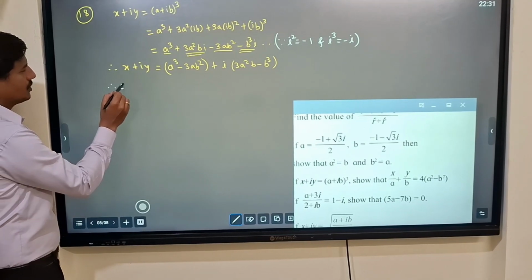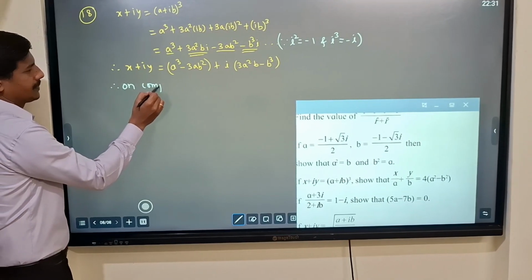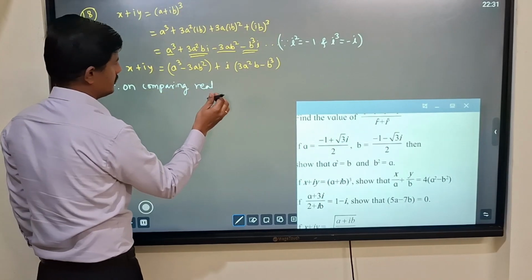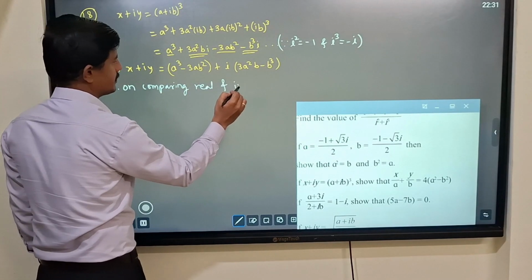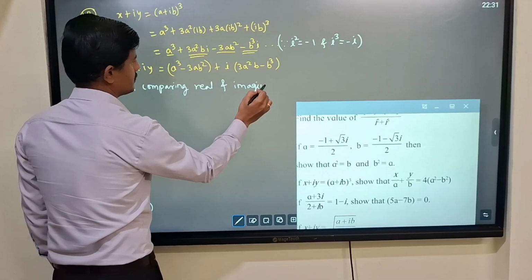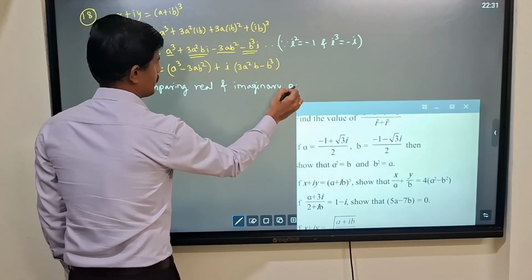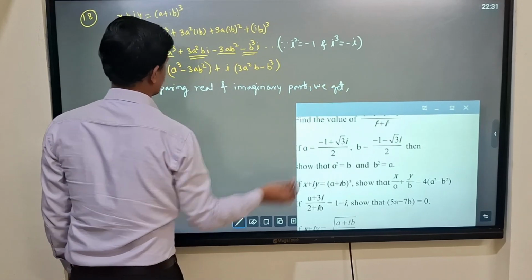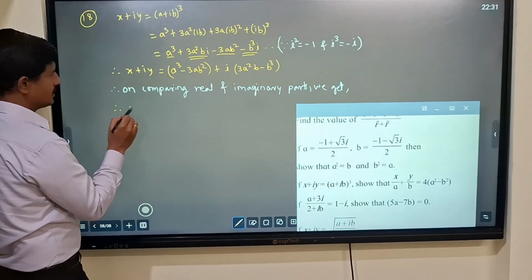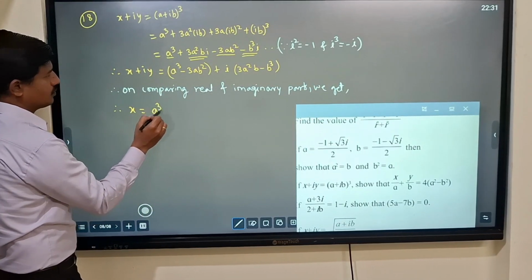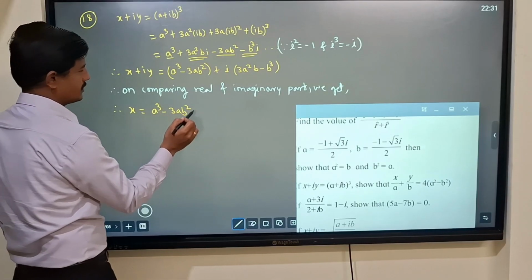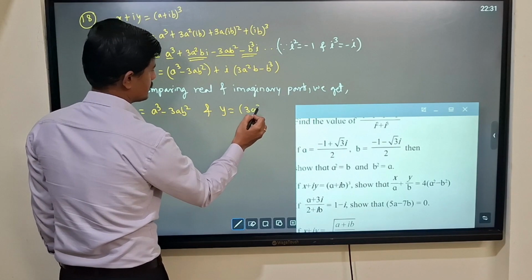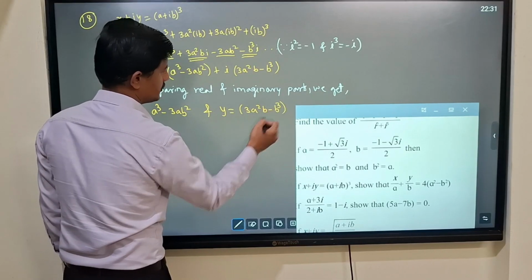Therefore, on comparing real and imaginary parts, we get x is simply a cube minus 3ab square and y is equal to 3a square b minus b cube.